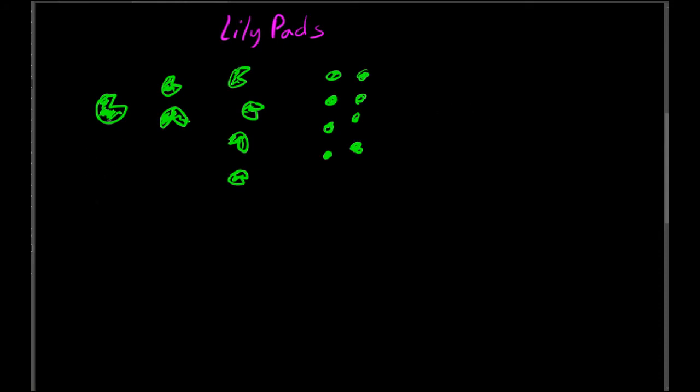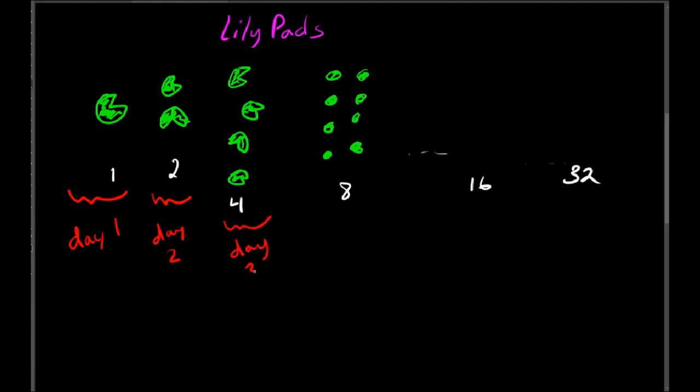I'm not going to draw all of them here, but you have 16, 32, 64, and that pattern continues. And so this shows one of the properties of exponential growth, that there is a constant time to double something. In this case, it's just a day.